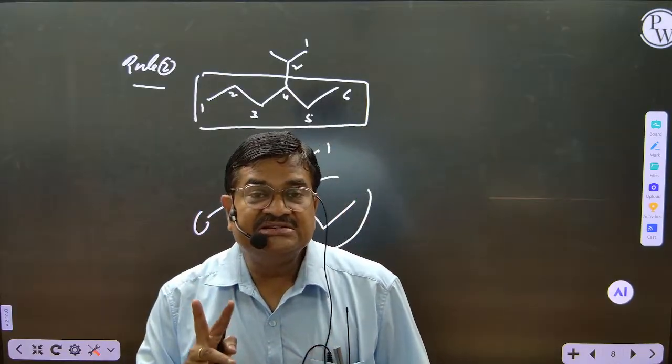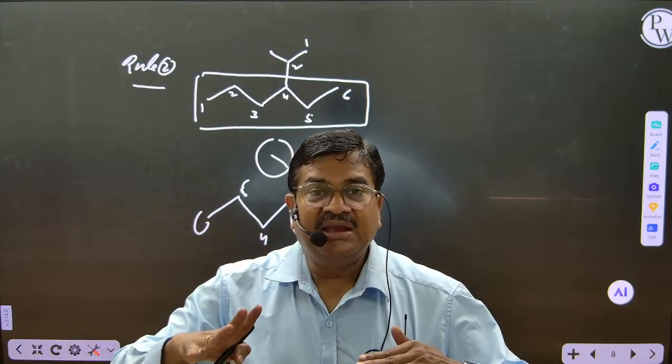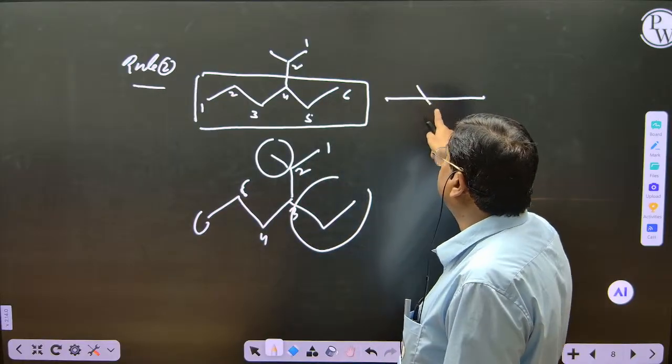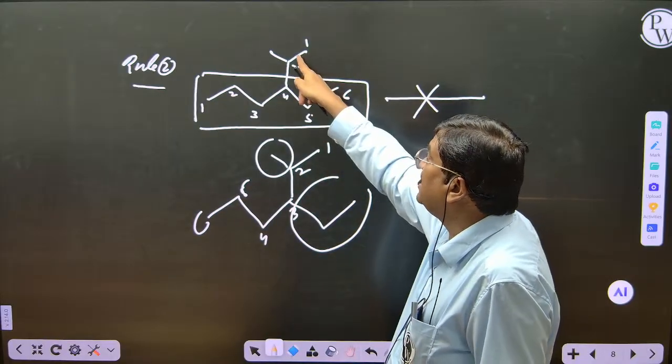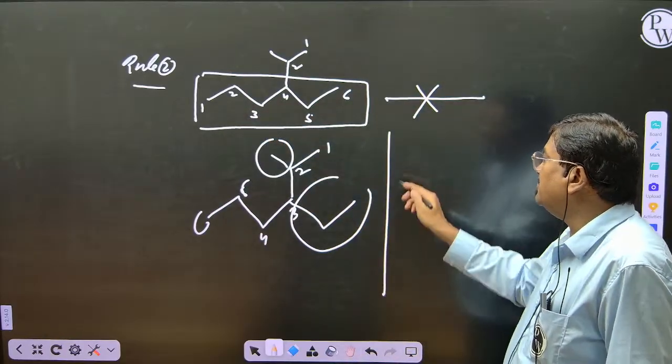So what does the rule say? Whenever the parent chains have the same number of carbons, then what you do? Select the parent chain with more number of branches. So going straight is wrong. Then coming from top to bottom is correct. So understood, right? The rule is what?